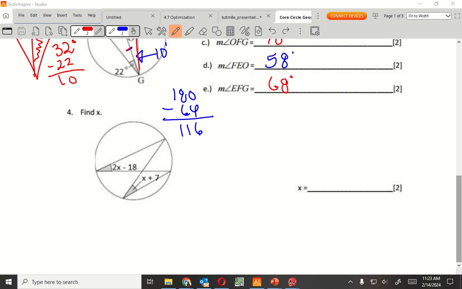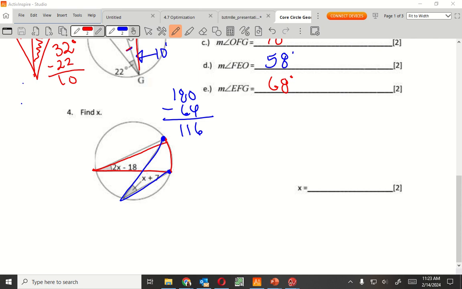Now, I'm going to look at this. Right here and here. Is this arc here? Now, right here and right here, do they have the same arc? Yes, they have the same arc. If they have the same arc, what do I know about those values?